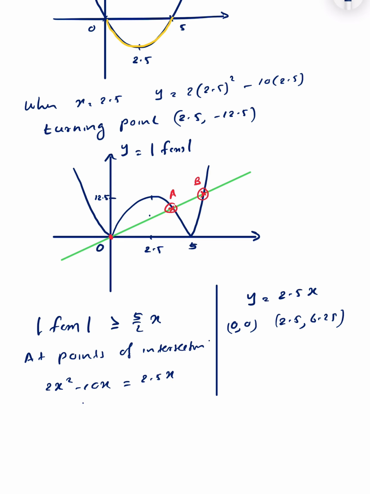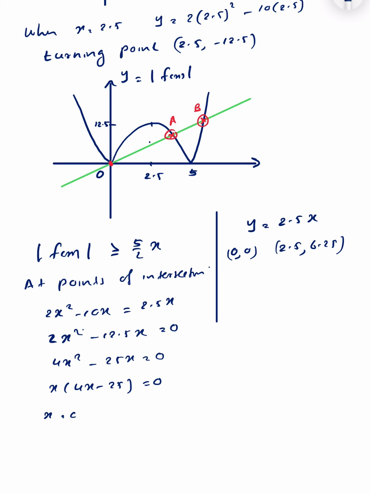So we can say 2x square minus 12.5x equals 0. So that is 4x square minus 25x equals 0. Take x out. x(4x minus 25) being equal to 0. So this would give you x equals 0 or x equals 6.25.